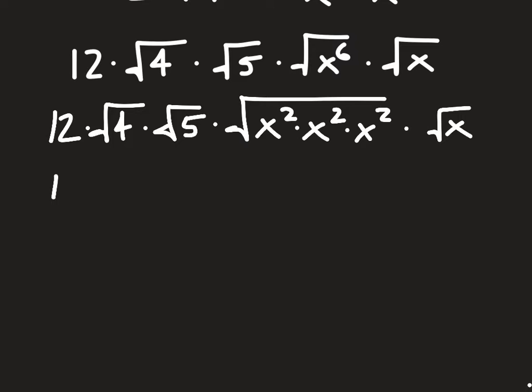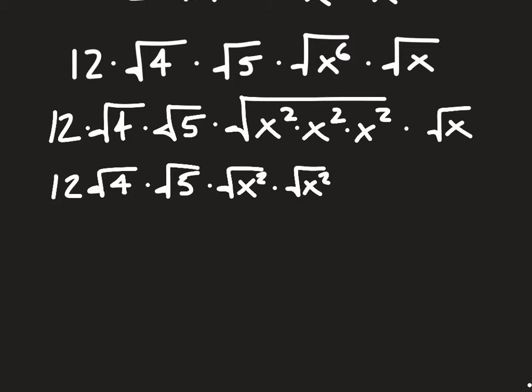I'm going to go even further and show one more step: the square root of 4 times the square root of 5 times the square root of x squared, and split this up again into different radicals, and then times the square root of x. The reason I'm showing all these steps is I really just want everybody to see how I'm going through this question and my thought process.